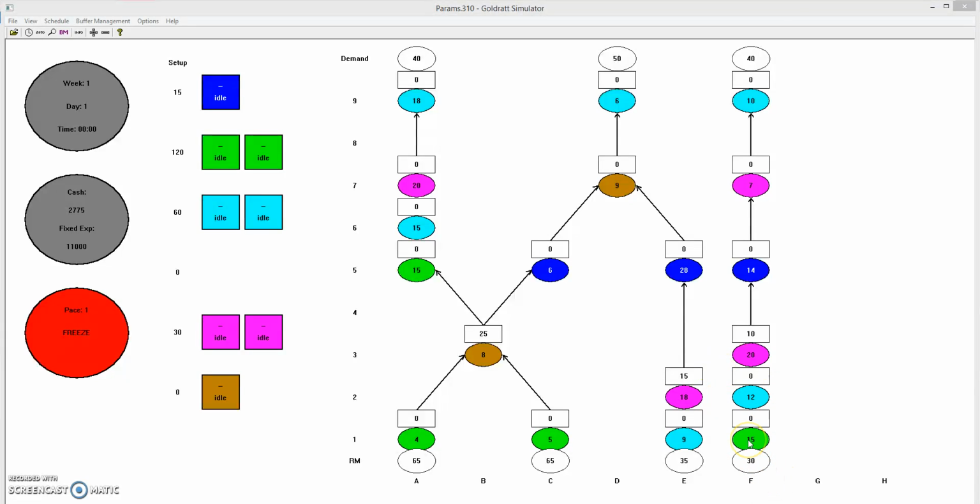The first step, I believe, is to look: do we have any pre-existing processed units available to us? In the case of product 3, the answer is yes, because we can clearly see that in this interim holding location, this rectangle over here, I have 10 units of work already produced and ready for me.